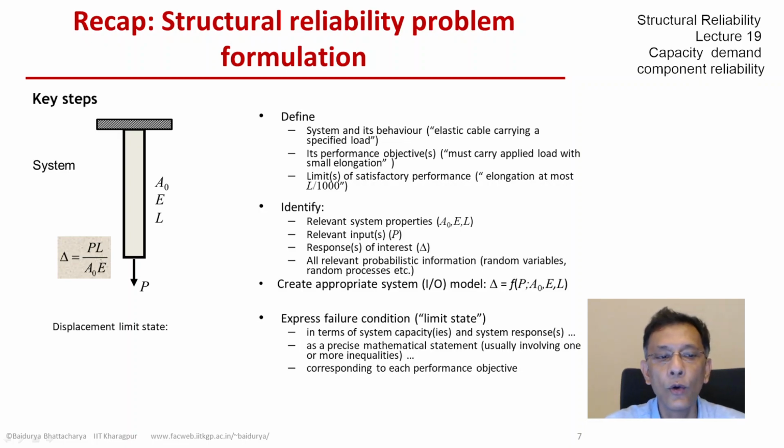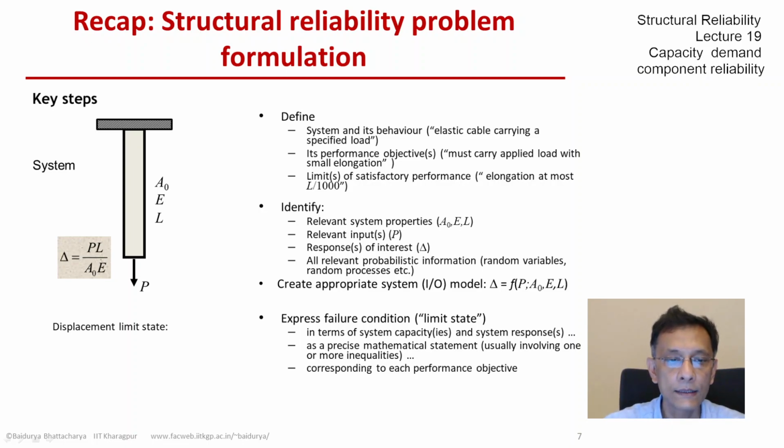And then we expressed the failure condition, which is what we spent a lot of time on: being able to know what failure is, and how to convert that into a precise mathematical statement so that we can then solve the problem and find out the reliability or the probability of failure.